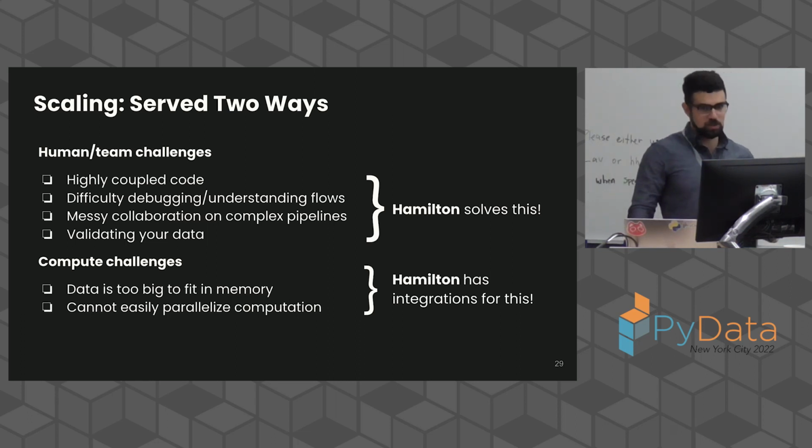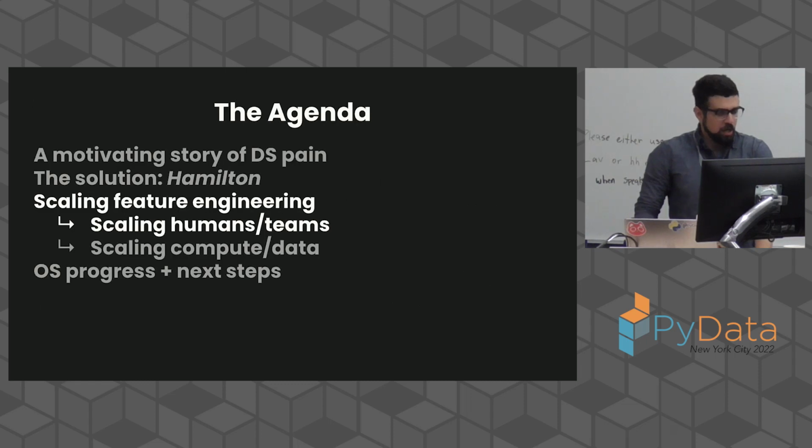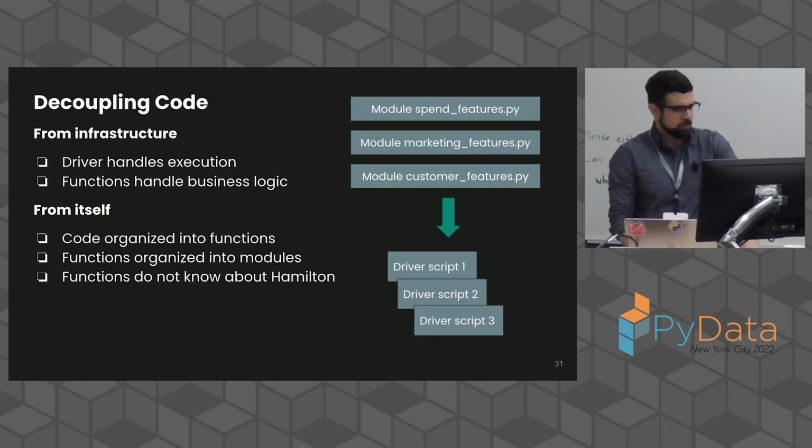Hamilton has integrations for this. And the power of Hamilton is that it provides a decoupling layer, so you can decouple the scale of your compute from the actual functions themselves to a decent extent.